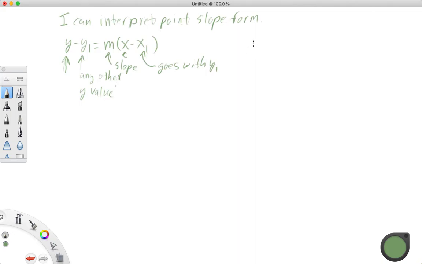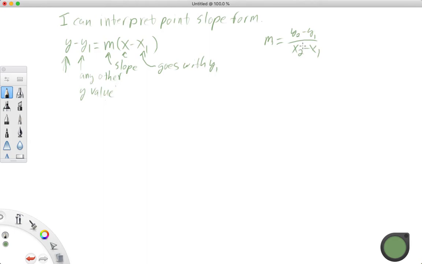If you remember, and this is why we went over literals. Remember when we were solving equations for different variables? If you remember, we have the equation m for slope is y2 minus y1 over x2 minus x1, right?